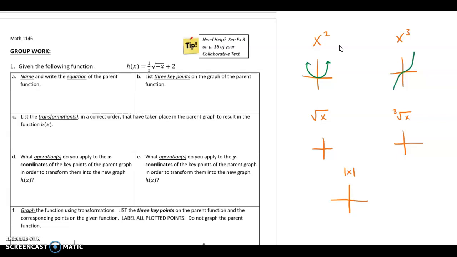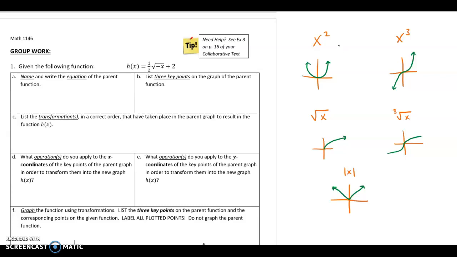X cubed has, I call this an uphill snake shape, kind of like snakes uphill. Square root has what we would call a ray or a launch shape to it. Cube root of x has this S shape to it. And then the absolute value, I remember this one because absolute value has the letter V, and the graph resembles a letter V.